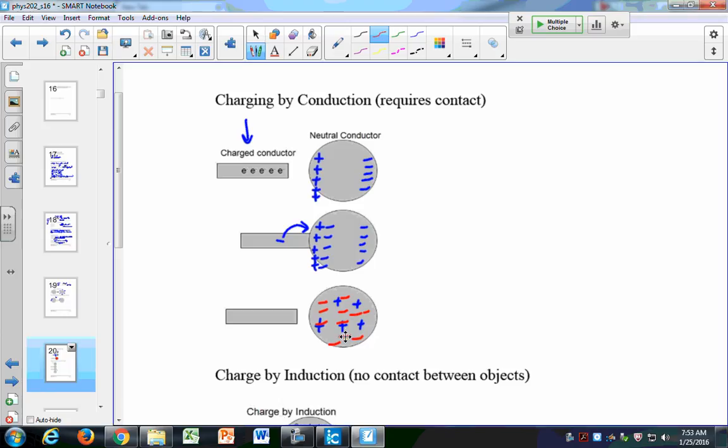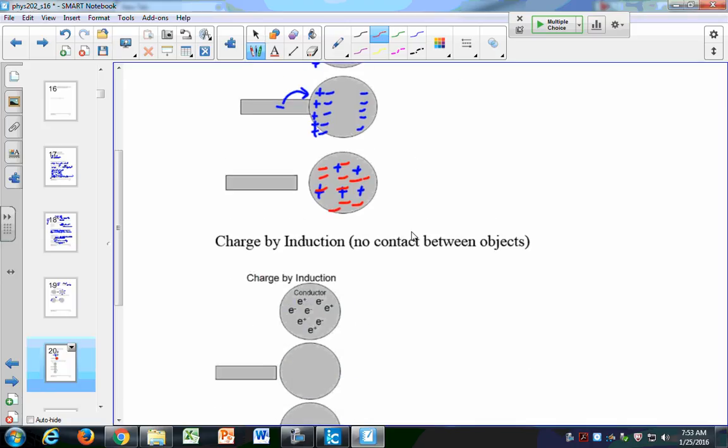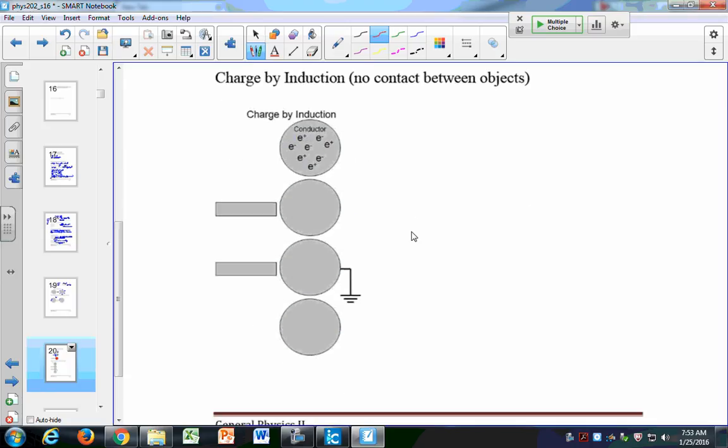You can also have charging by induction. We already sort of had charging by induction when we brought this thing up and set up this distribution of charge on the sphere, but when you take it further and actually touch the sphere, then it becomes charging by conduction. Let me show you what charging by induction is. You start with just a neutral conductor. So here I have equal numbers of protons and electrons.